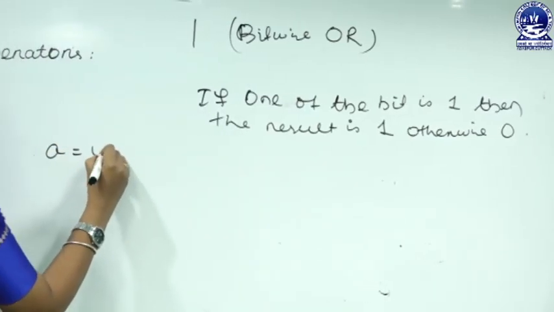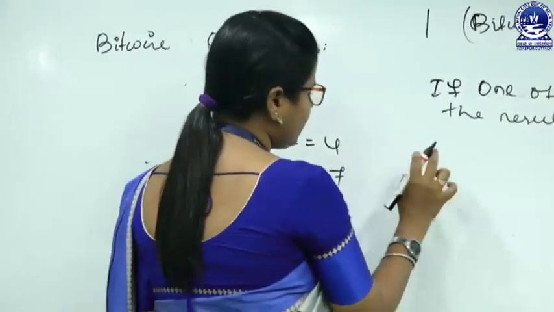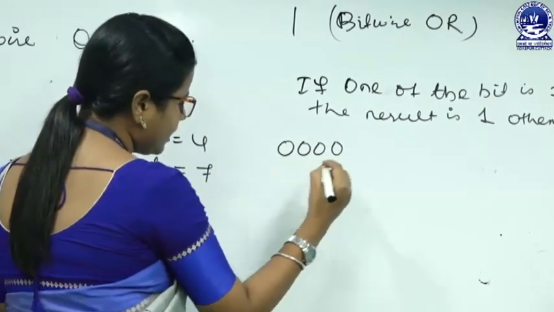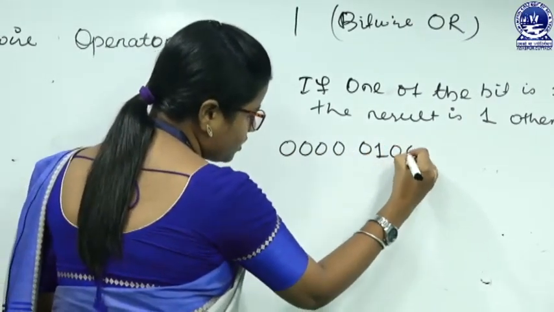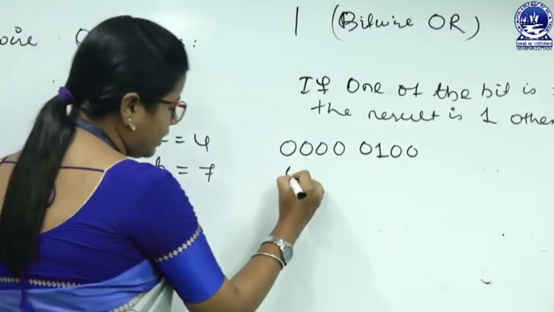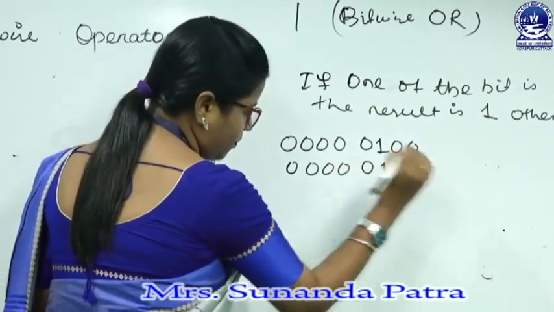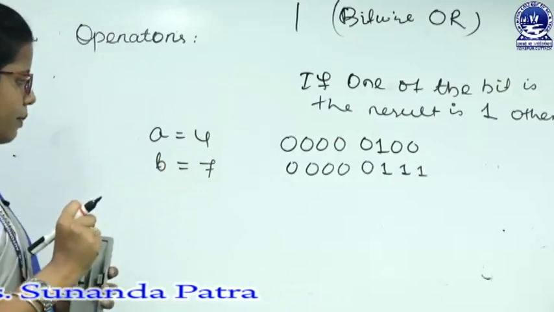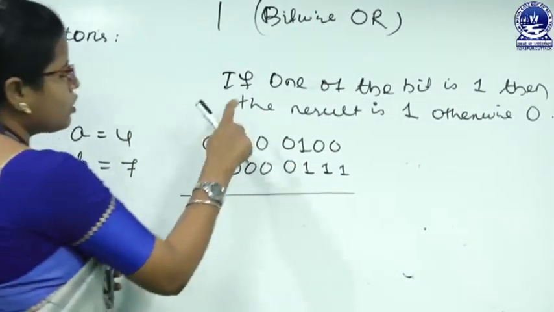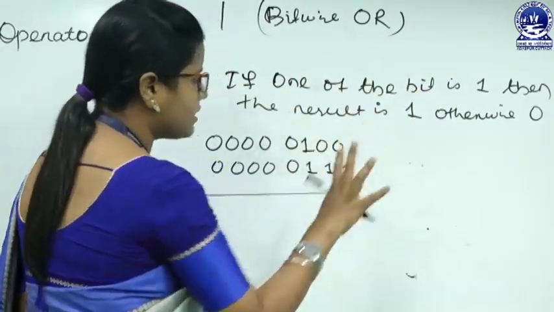A equals, suppose, 4 and B equals, suppose, 7. The equivalent binary for 4, I am using 8-bit representation, is 00000100. Next, the equivalent binary for 7 is 00000111. So these are the equivalent binary values. Let us do the bitwise OR operation. The rule says if one of the bits is 1, then the result is 1.